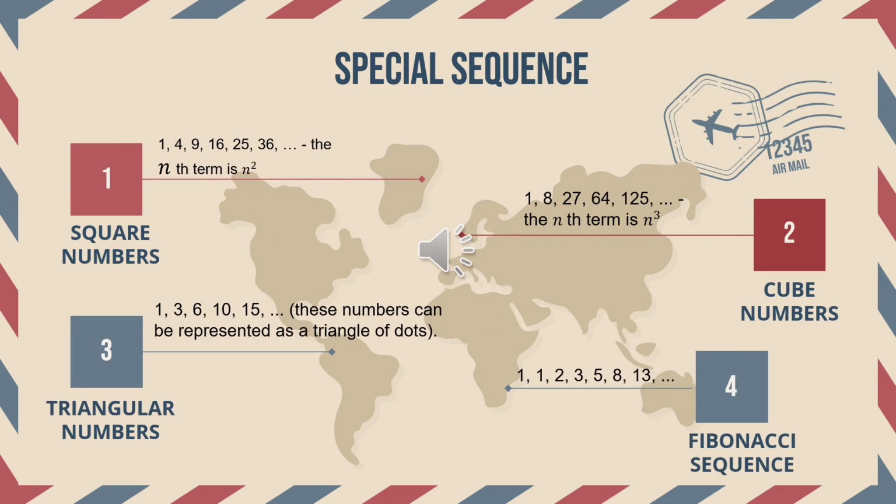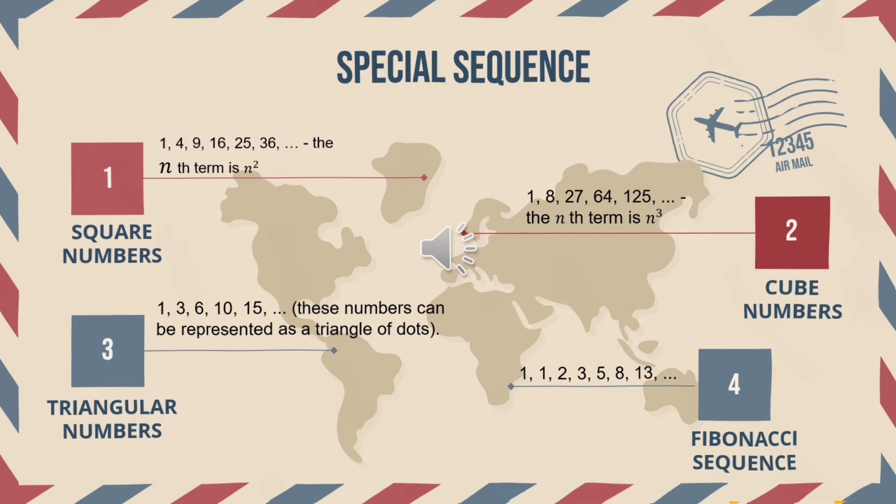Okay friends, now we will discuss special sequences. There are some special sequences that you should be able to recognize. The most important of these are: the first is square numbers, second is cube numbers, third is triangular numbers, and fourth is the Fibonacci sequence.